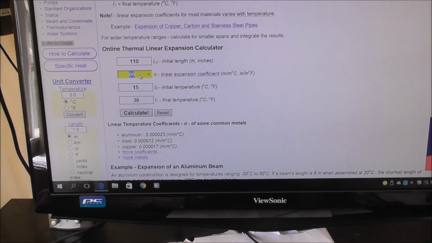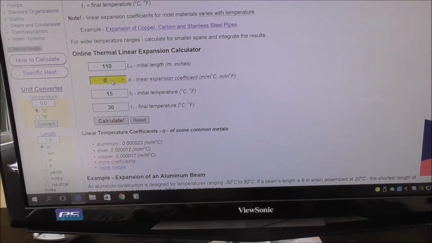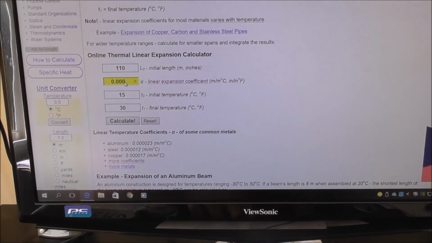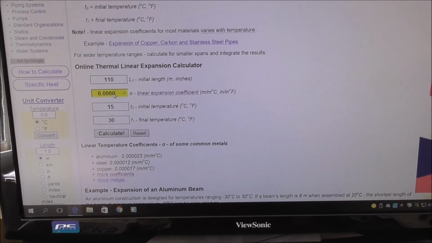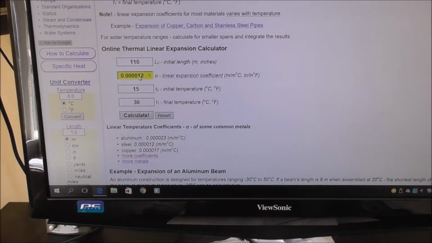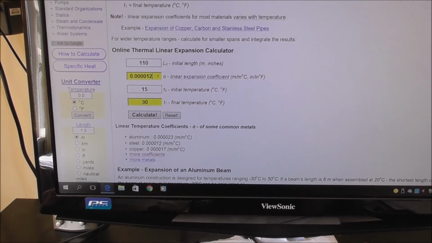The coefficient of linear expansion for aluminium is 0.00004012. So the initial temperature is 15 and the final temperature is 30.